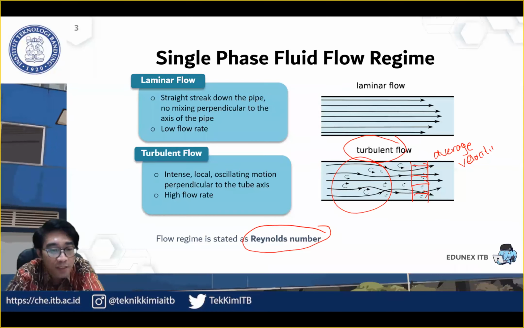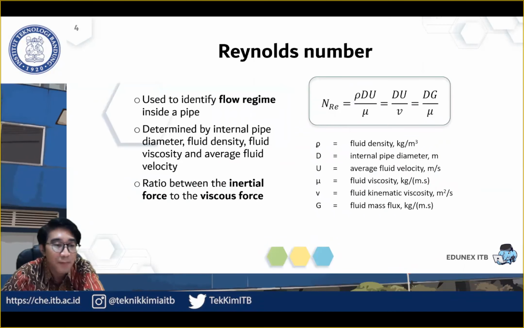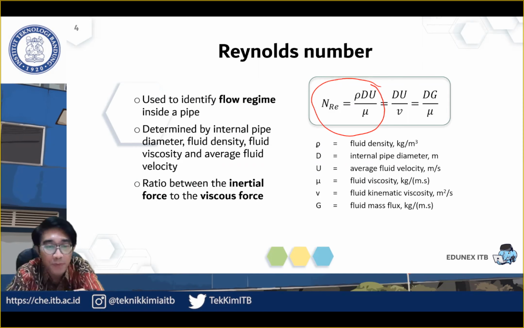Perhaps you have already heard about this parameter, so we will discuss it again. Okay, the Reynolds number is basically calculated using this equation. The Reynolds number is the ratio, right, where rho is the fluid density, and D is the internal pipe diameter.